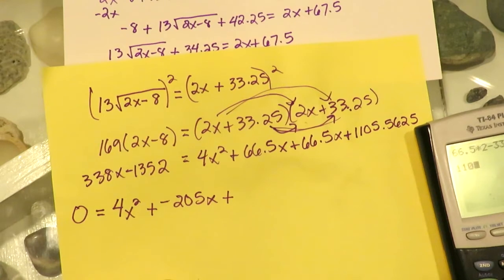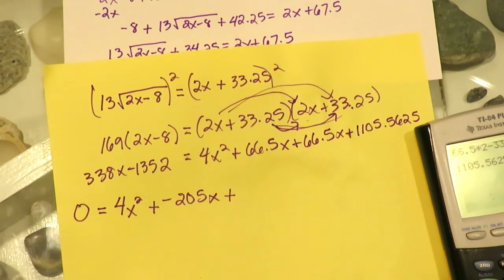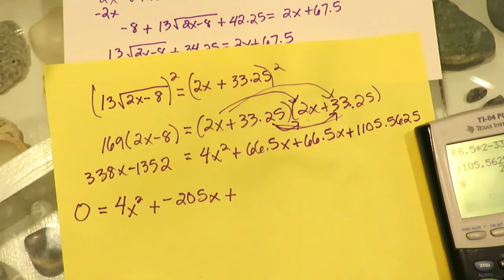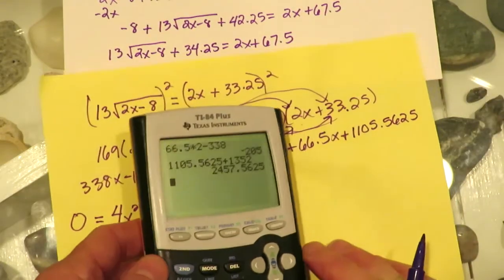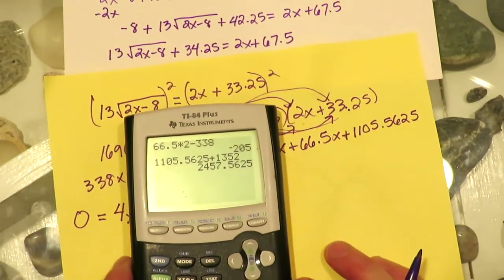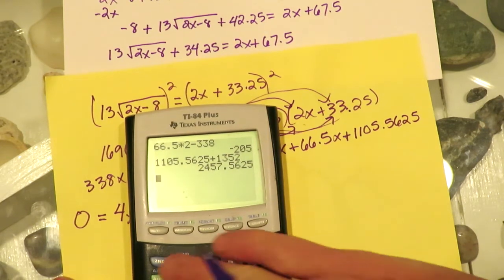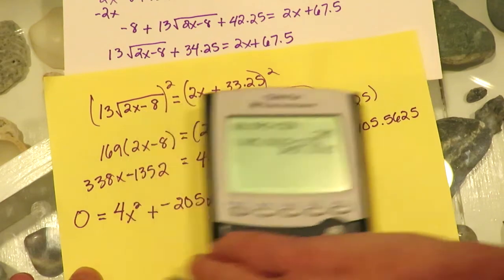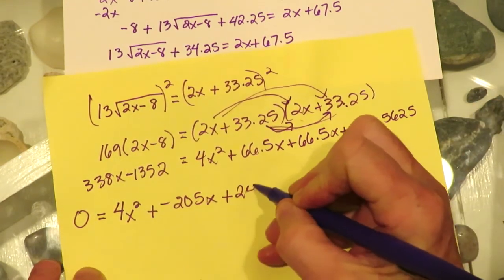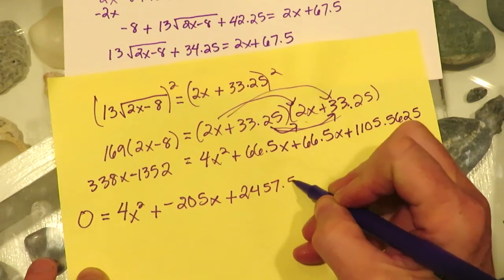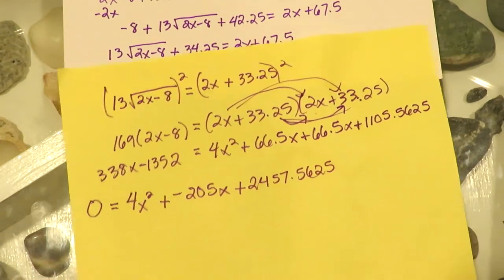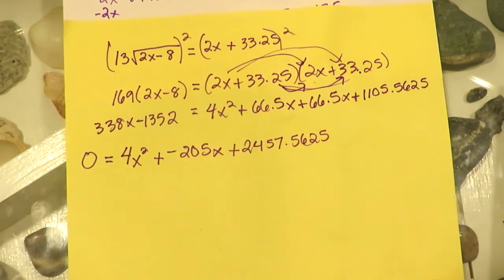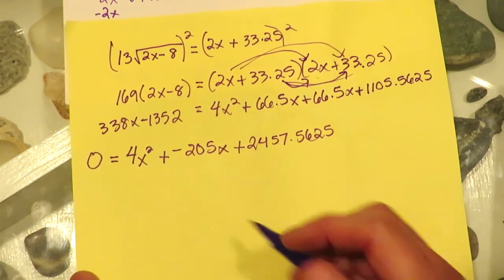If I take the 1,105.5625 and I add 1,352, I obtain 2,457.5625. All right, so now I have my quadratic, and I can do the quadratic formula.